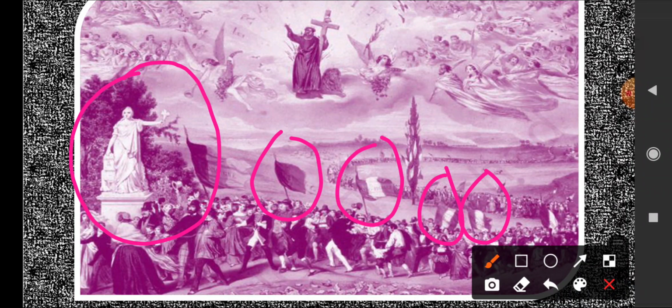Many other nations are also following this procession. They are also marching towards the Statue of Liberty.